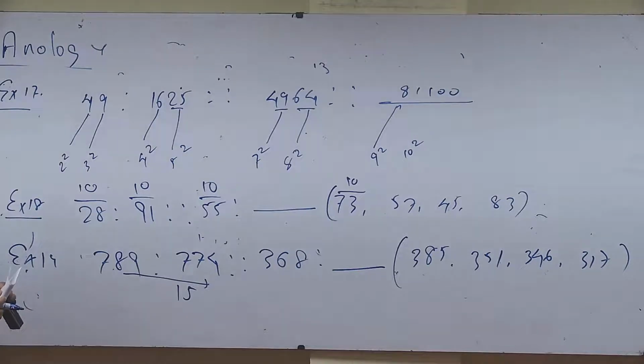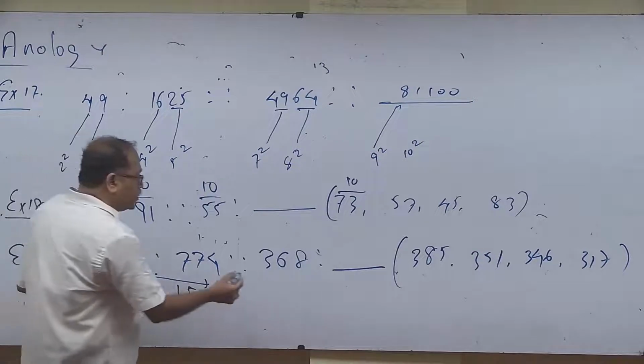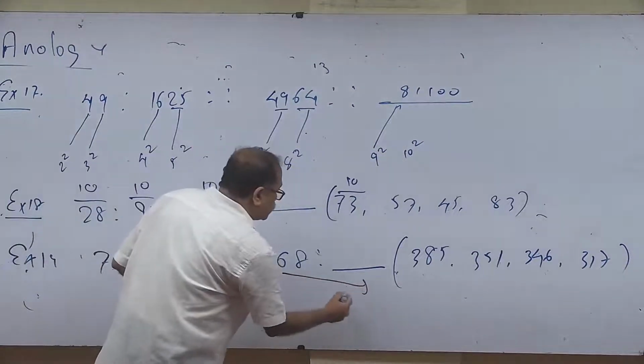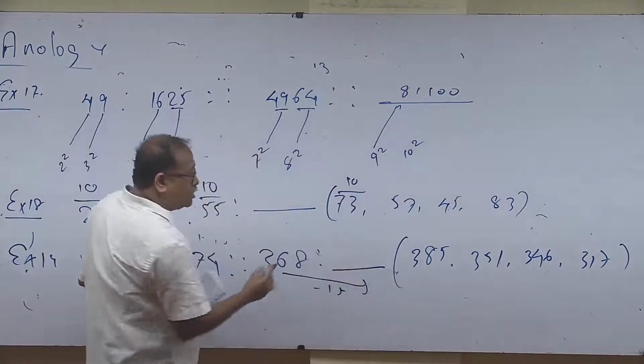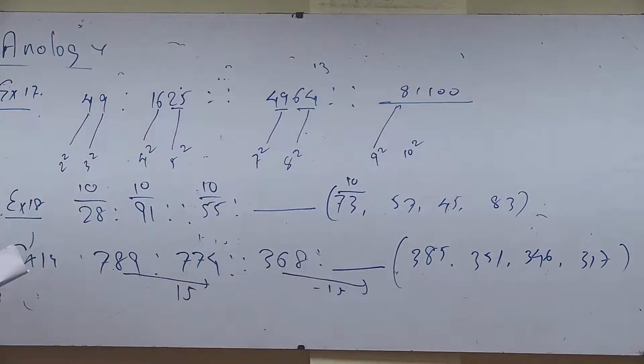Am I right? The difference is 15. So, I will go for the difference of 15. So, minus 15, I do not find anywhere we have 3. So, we do not have. So, what else could it be?